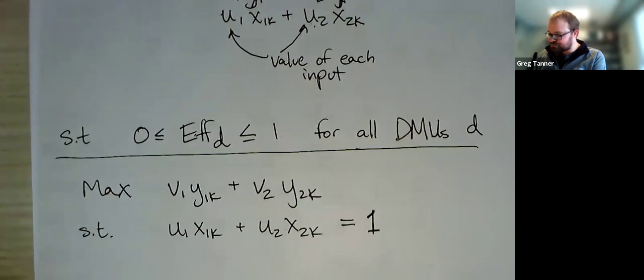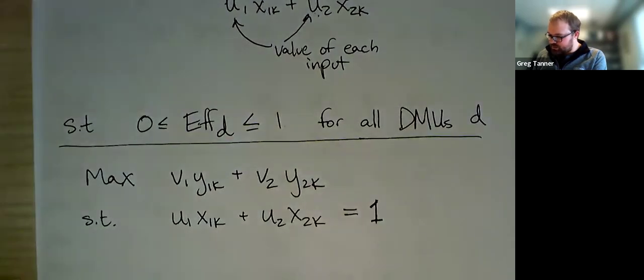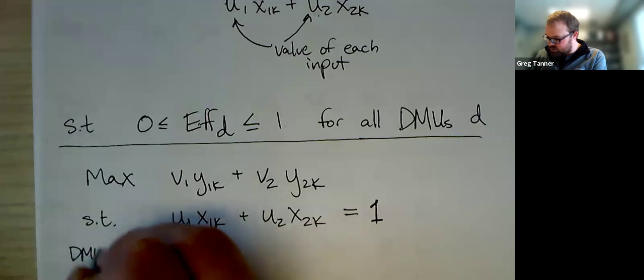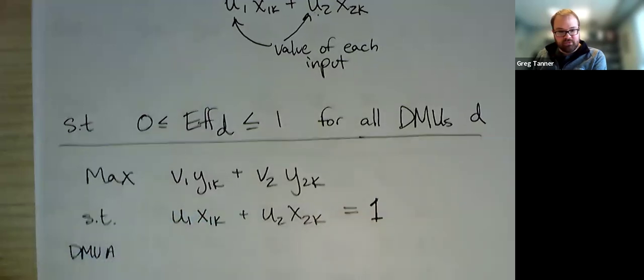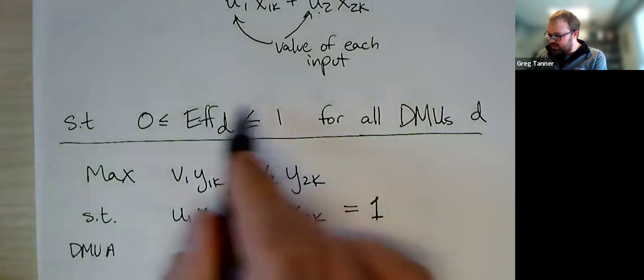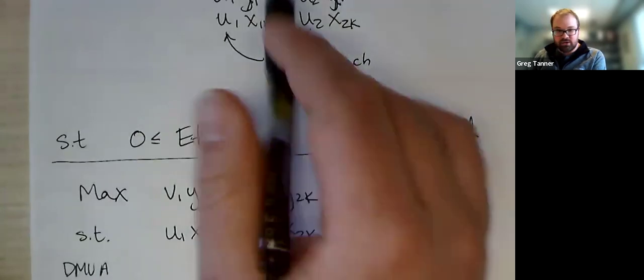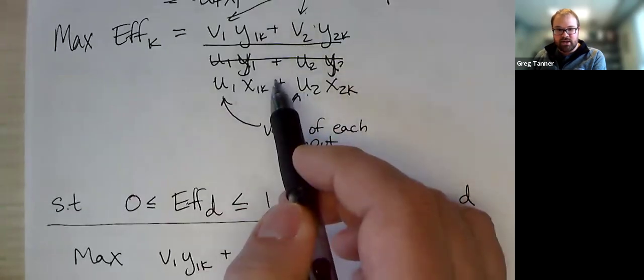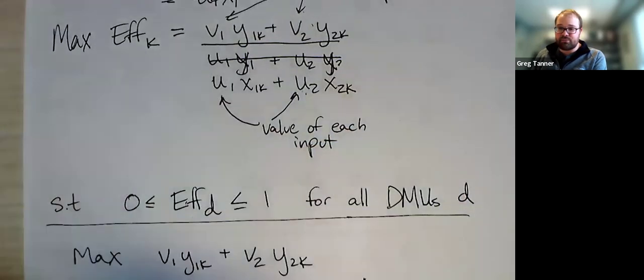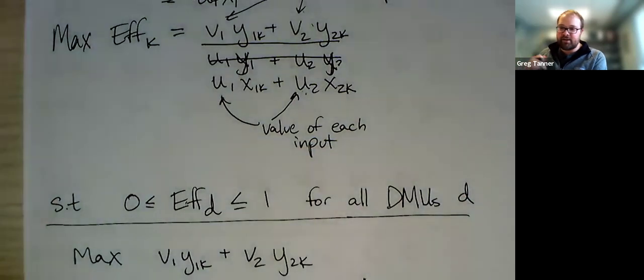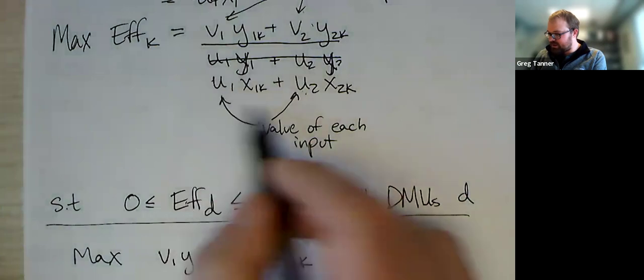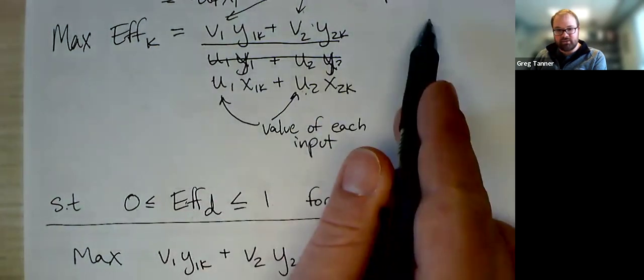Okay, and so then for each DMU, let's look at DMU A, the first DMU. Its efficiency has to be less than or equal to 1. Its efficiency is going to look like a ratio just like this one, and that ratio is going to be a problem because we can't divide decision variables. And so the trick is we take the denominator and multiply it to the other side.